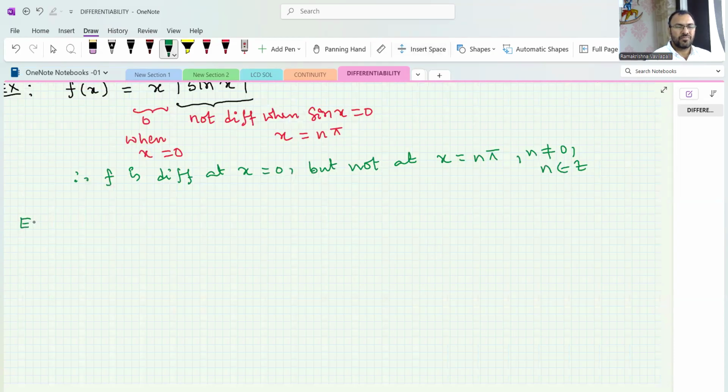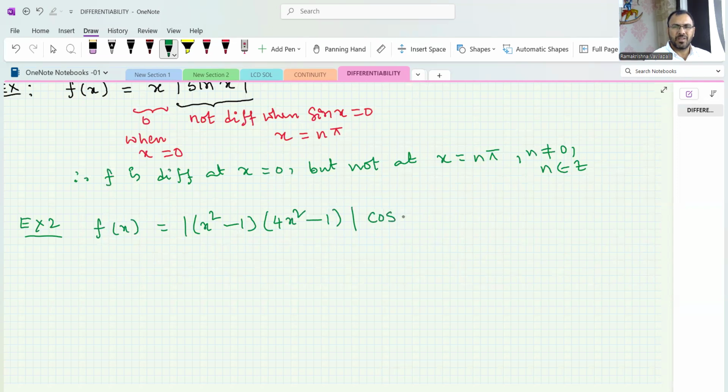Example 2. Suppose f of x equal to modulus of x square minus 1 into 4x square minus 1 into cos pi x by 2, or I can say simply cos pi x.